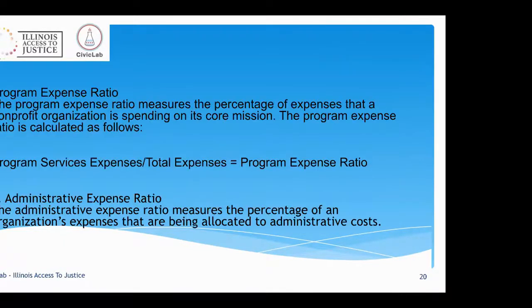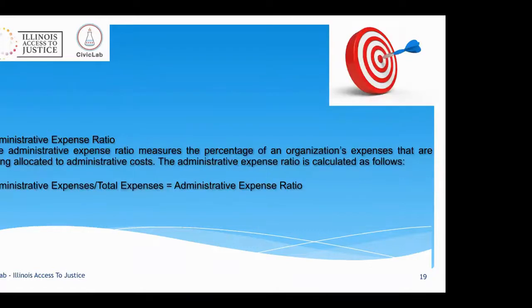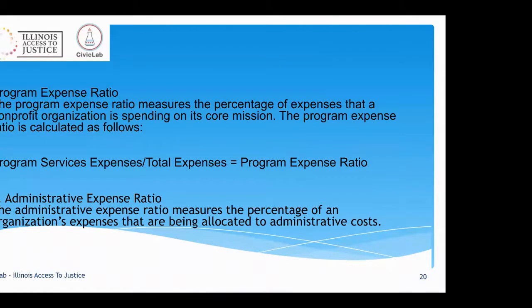Okay. Let me just go to the program expense ratio. The program expense ratio is almost the inverse of that administrative expense ratio. This is the money that's explicitly for the program. The threshold is somewhere around 85% if you're talking about a foundation, and about 95% if it's the government funding that we were talking about.